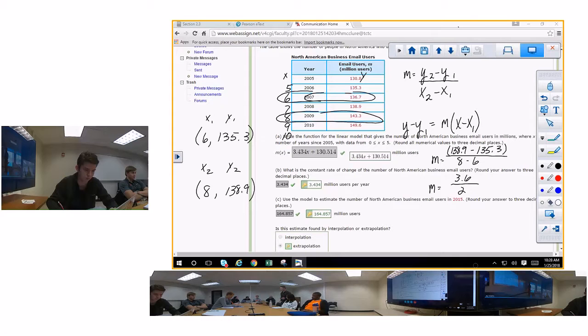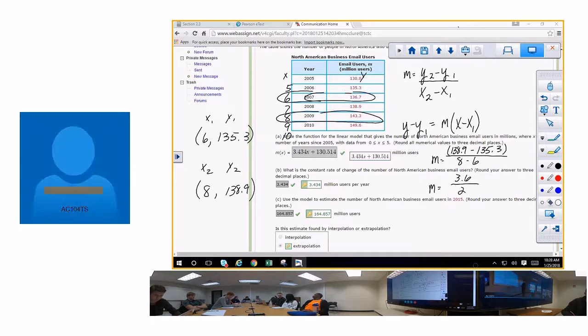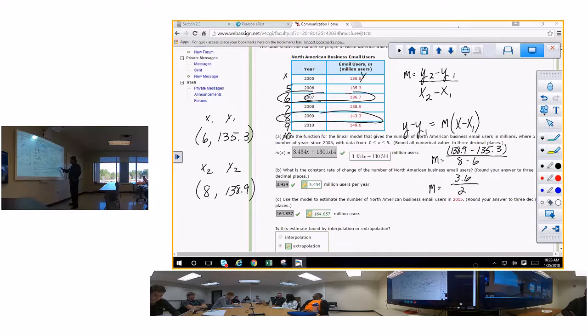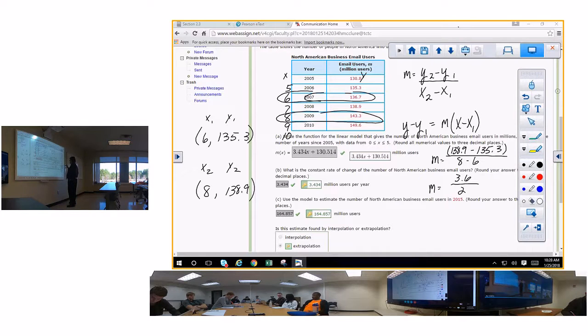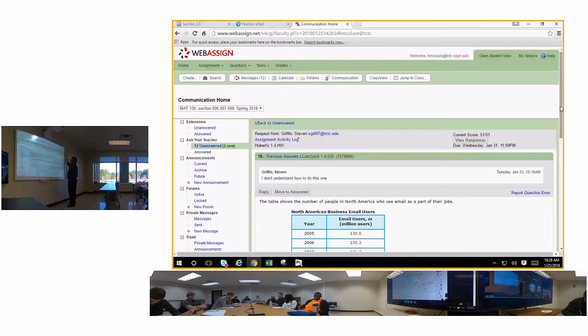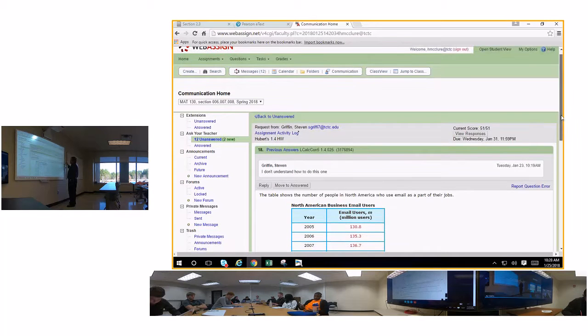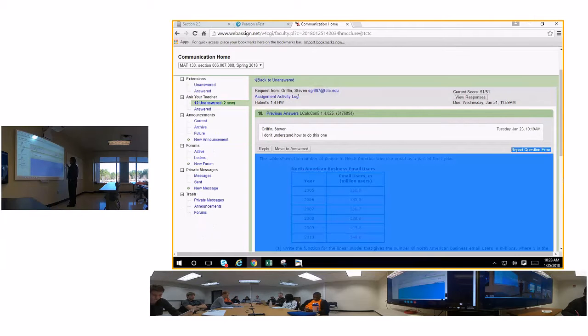And that's not what they're doing. 3.6 divided by 2 is not what they're getting, so they're doing something else. Let me read the directions. Hold on. Let me see what they're doing. Yeah, it's 1.8. I think you're right, because the answer was 3.4 and you got 3.6.